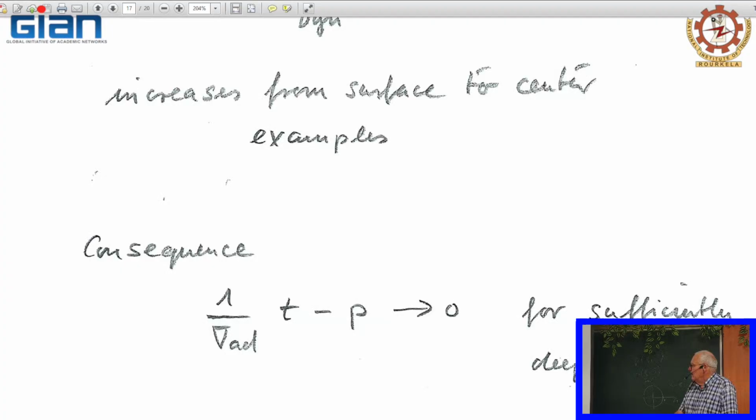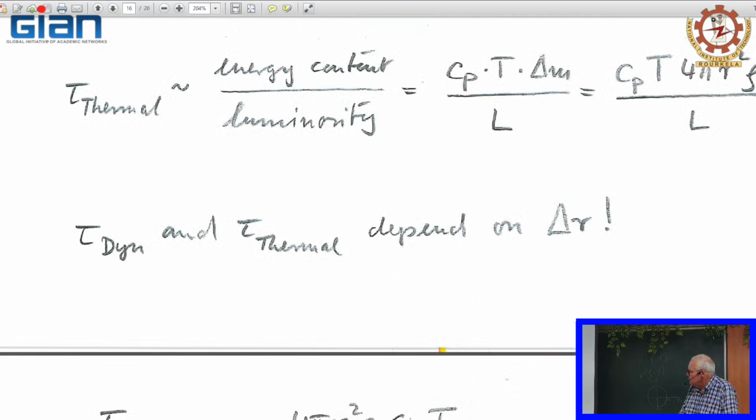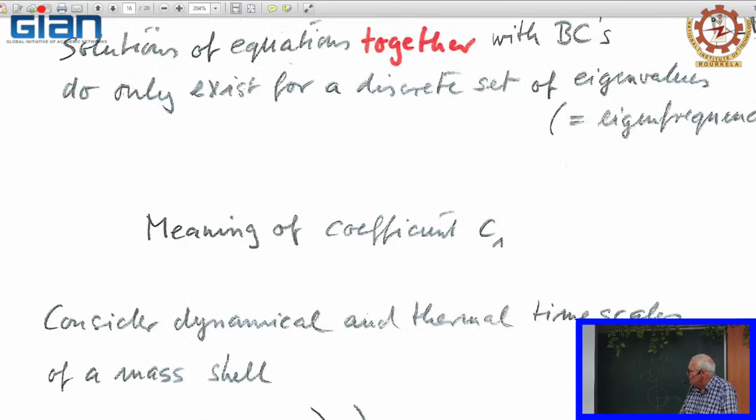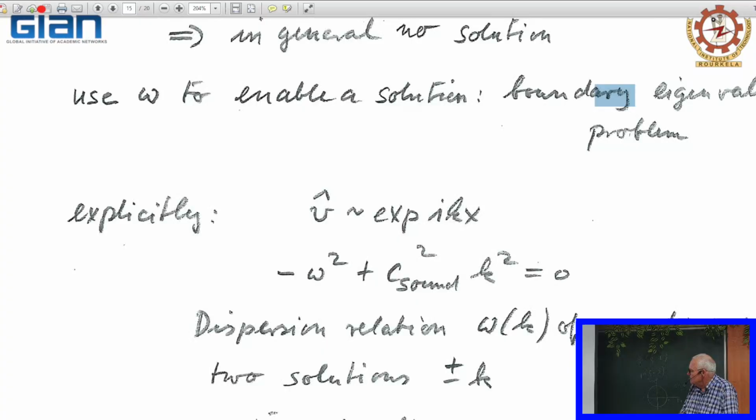Well, it means that the bracketed term in front of which this coefficient C1 stands has to vanish if we go towards the center. Let's go back to the equations once again.